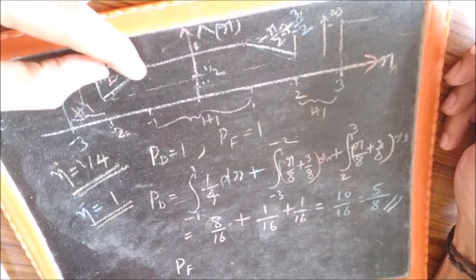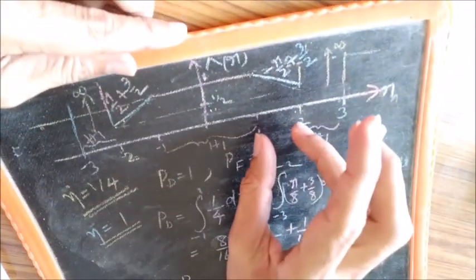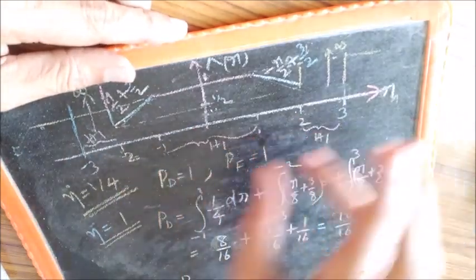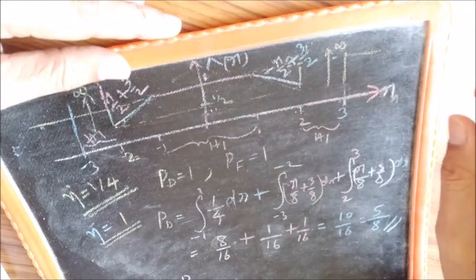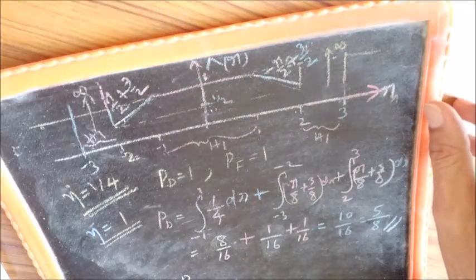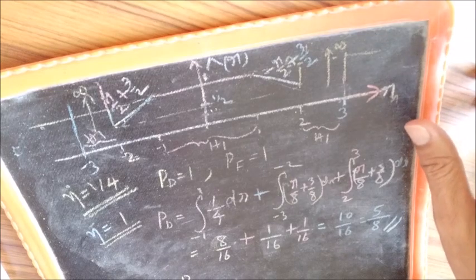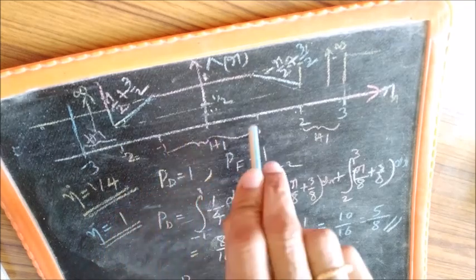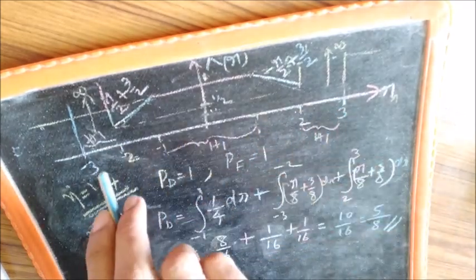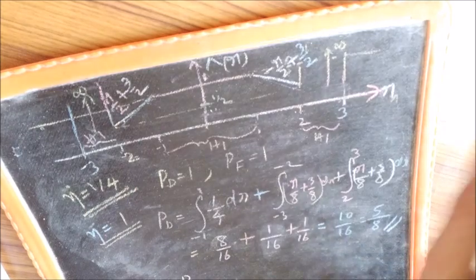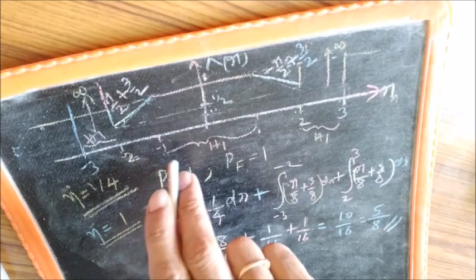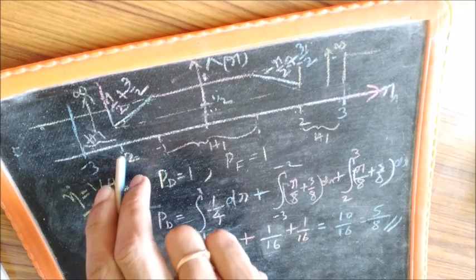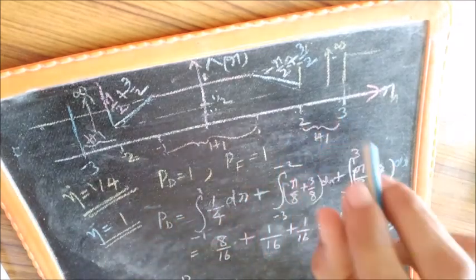This region is for H1. So you have to find the probability of R lying in this region when H0 was the true hypothesis. Basically you integrate the conditional density function of R when H0 is true over the regions minus 3 to minus 2, minus 1 to 1, and 2 to 3.